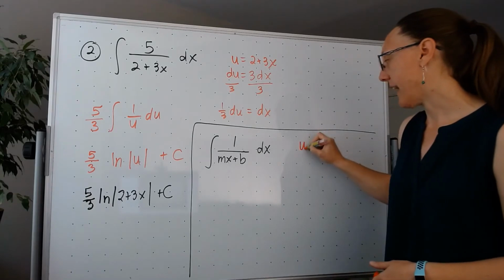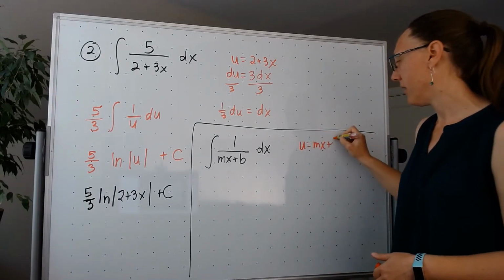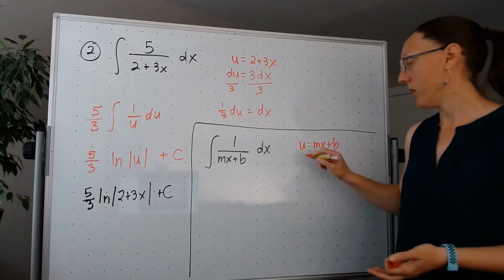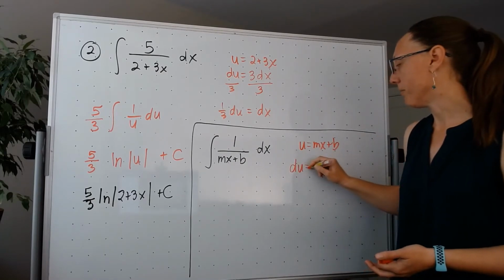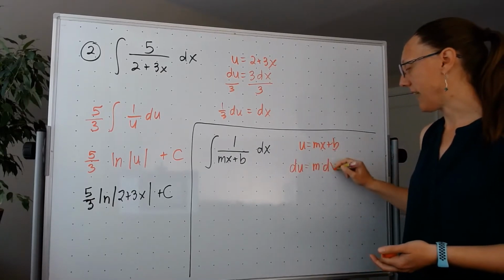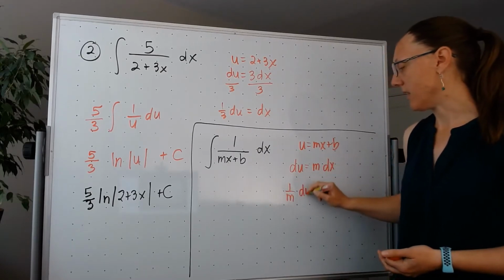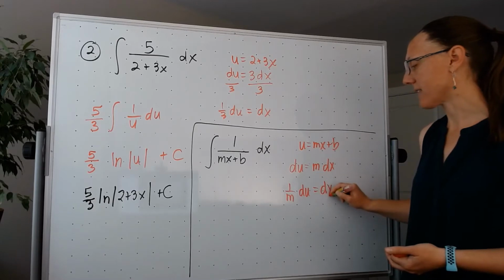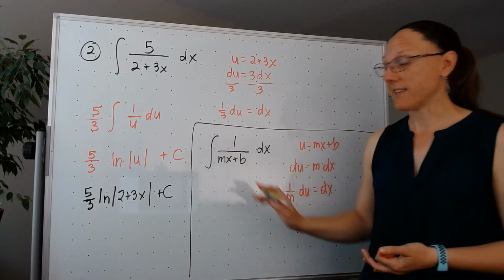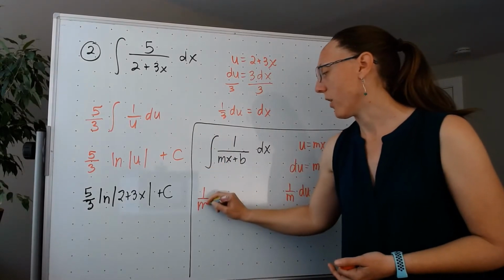I'm going to let that entire denominator equal u, which means that my differential becomes m dx. And when I rearrange that, 1/m du is equal to dx. Translating this side, that turns into 1/m.